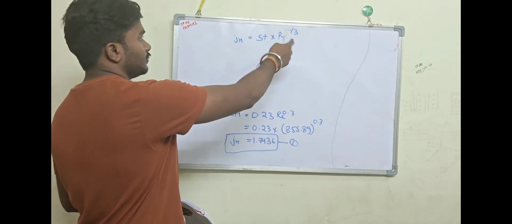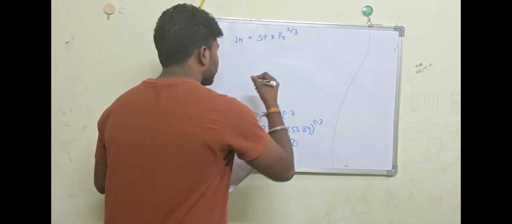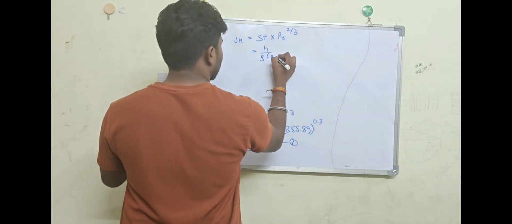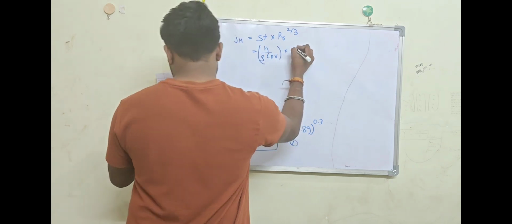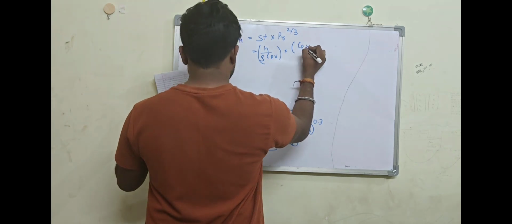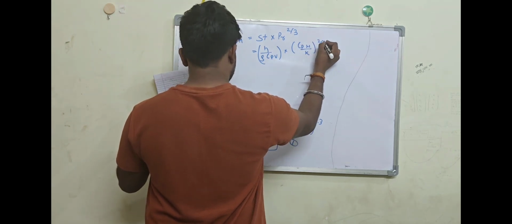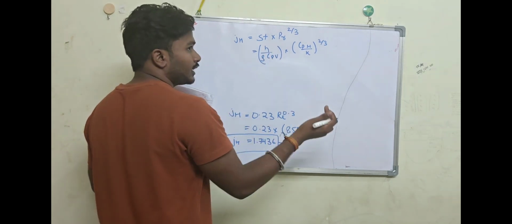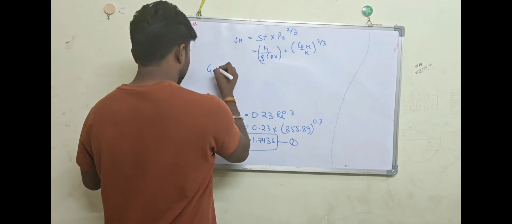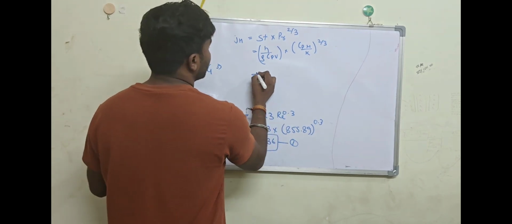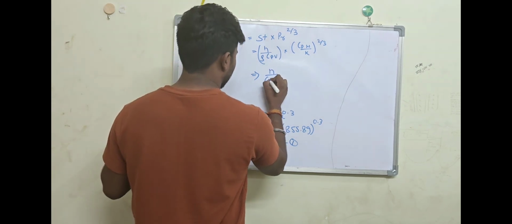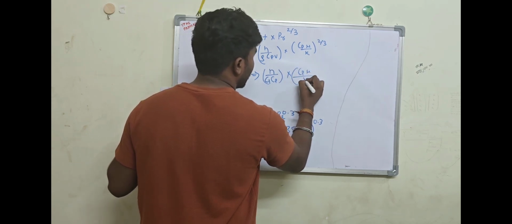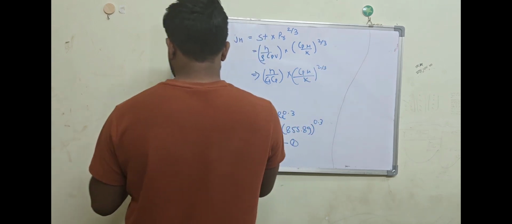Putting in the formula, the Stanton number is H upon rho V Cp, and the Prandtl number is Cp mu by K to the power 2 by 3. Rho and V are not given, so we will use G, which we already calculated. The formula turns out to be H upon G Cp into Cp mu upon K to the power 2 by 3.